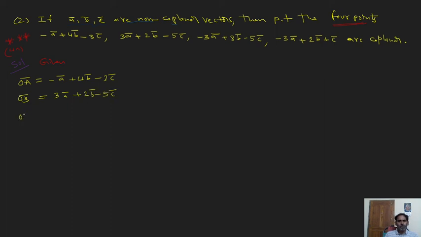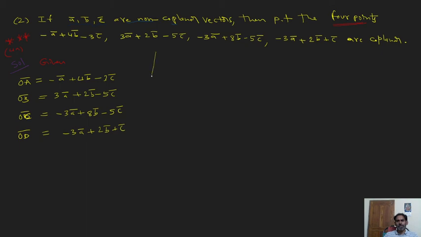Next OC bar, minus 3A plus 2B minus 2A plus 8B minus 3A plus 8B bar minus 5C bar. Last, OD bar, fourth point, minus 3A bar plus 2B bar plus C bar. These are the points. Don't write A, B, C, D for vectors; always write OA bar, OB bar, OC bar, OD. Points are A, B, C, D, but their position vectors are OA, OB, OC, OD.